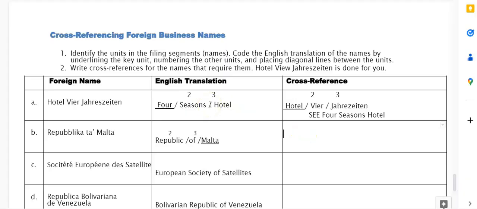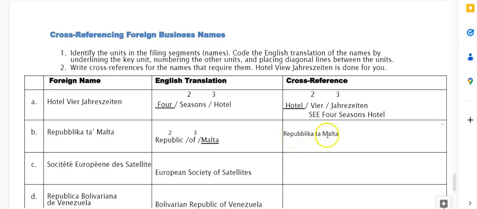So our cross-reference is going to be Republica, and I'm making sure that I don't misspell this. And just like before, I'm not including the punctuation marks.